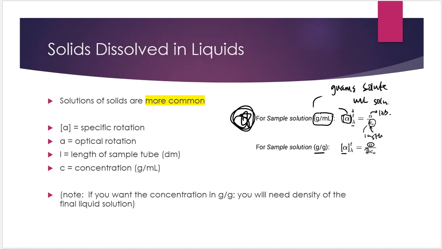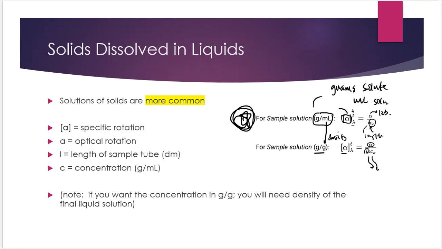We get the length of the polarimeter cell. But because this is gram, we need to go from milliliter to gram now. And in order to go from mL to gram, you really do need density in order to convert one to the other. And that's what you're seeing here. So rho is included as the density, and then CW is going to be concentration in terms of gram per mL. That density will allow you to calculate in terms of gram.